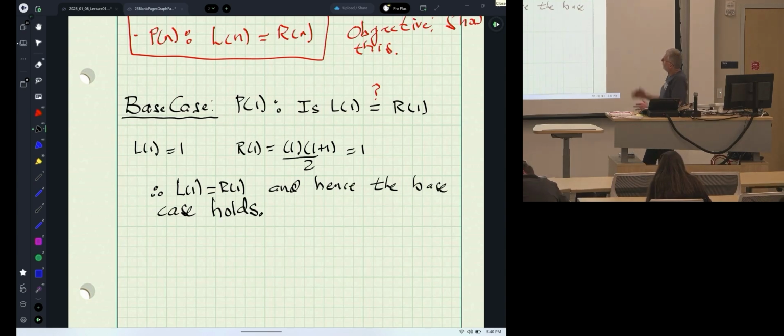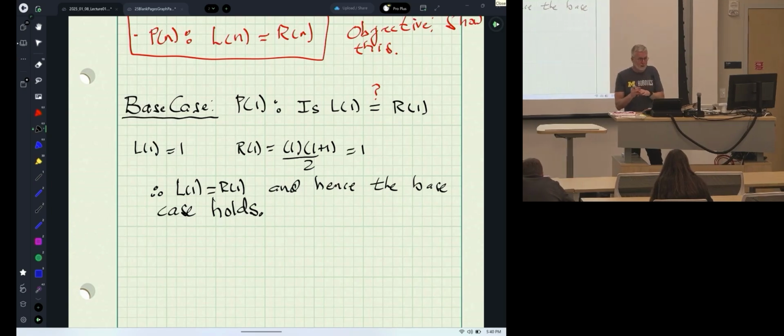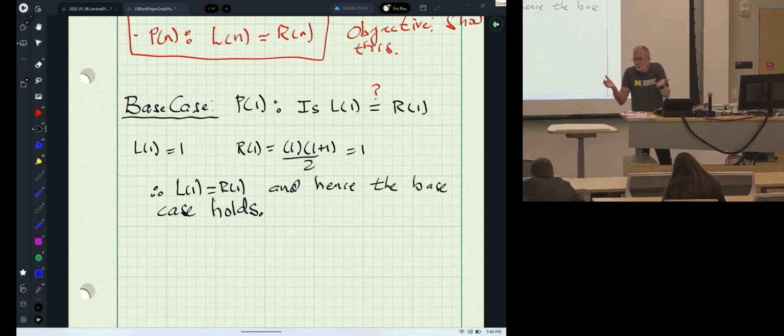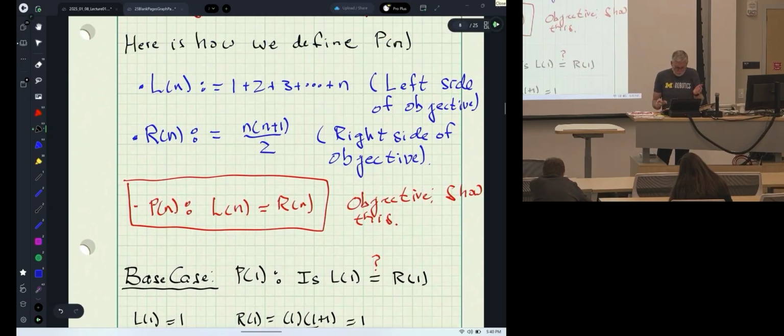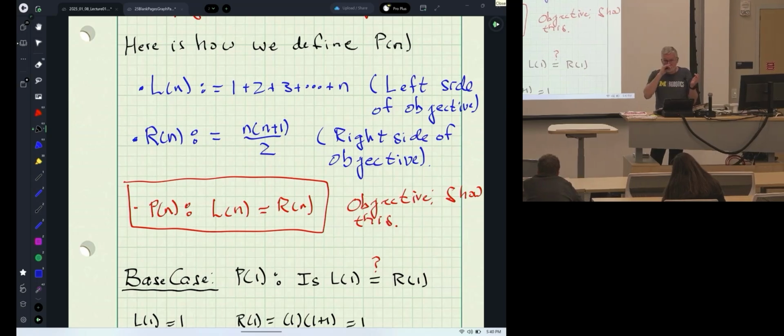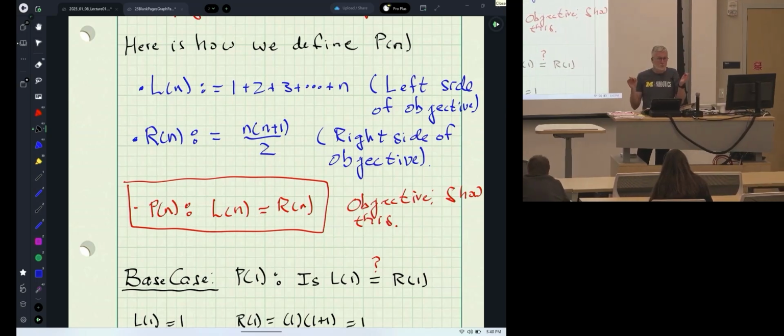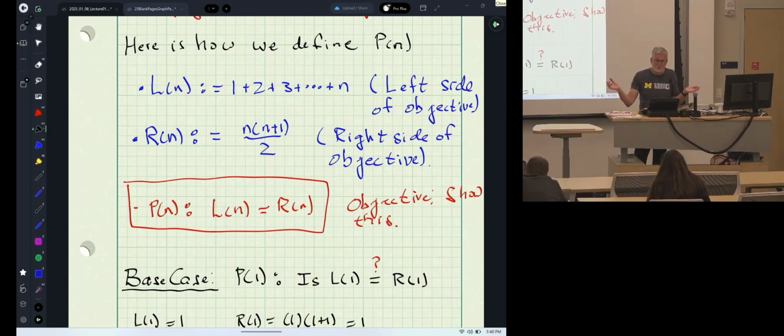Now, sometimes the base case seems so trivial that it seems unsatisfactory to check it, but you always got to do it. But you can always go on and check the second one if you want. What is L of 2? It's 1 plus 2, which is 3.